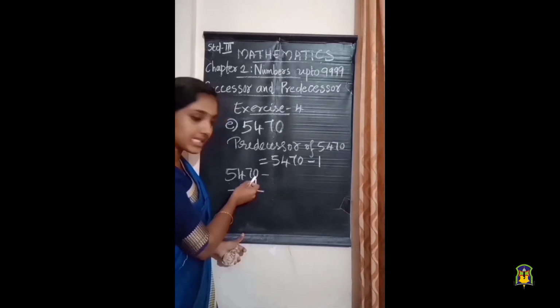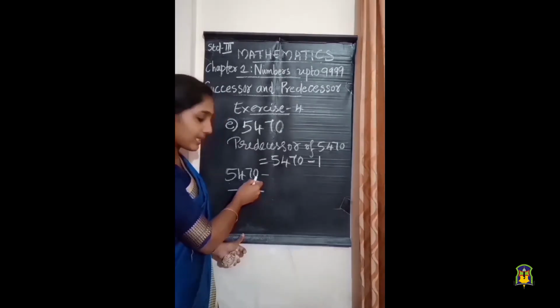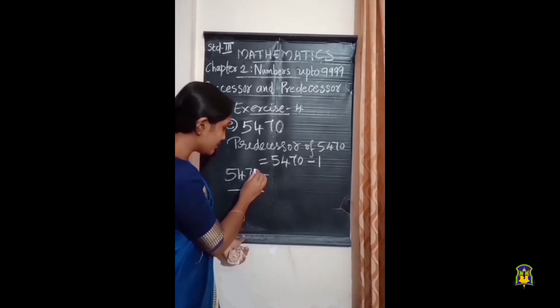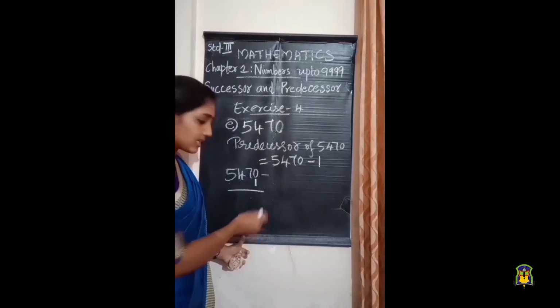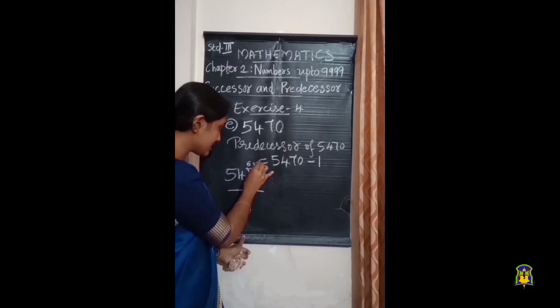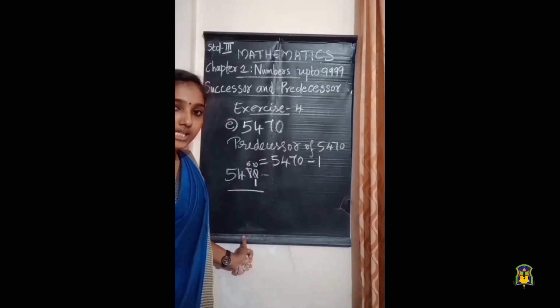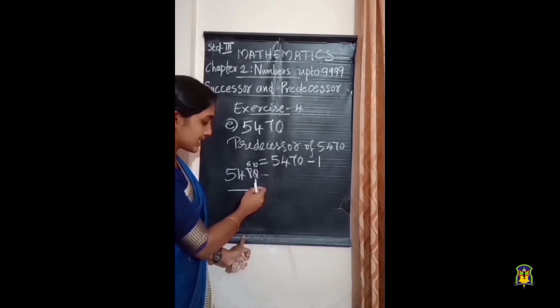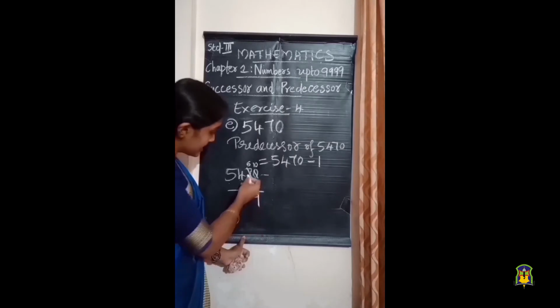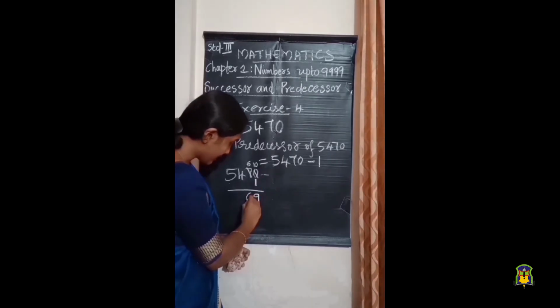Here, look, 0 is in ones place. So, we can't subtract any number from 0. So, we have to borrow from the next place, isn't it? So, here it becomes 6 in tens place and we are borrowing 1 and it makes 10. So, 10 minus 1, we will get 9. And here in tens place, we will get 6.